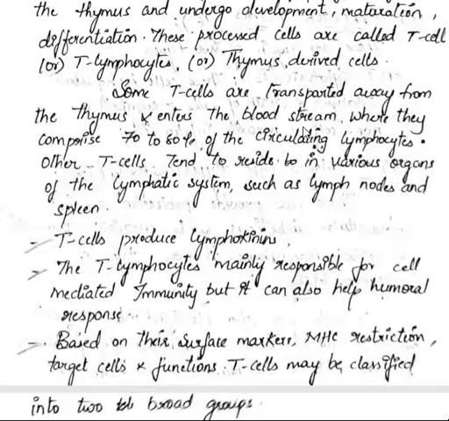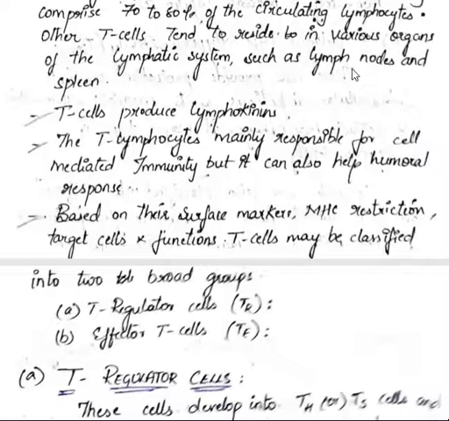Like a patrolling. The police do the patrolling, no? In the same manner, the 70 to 80% are going to do the patrolling work through the bloodstream, and the rest of the 20% of lymphocytes are going to be present in various lymphoid organs like lymph nodes and the spleen. Okay, so that means they reside at the stations where they have to look after.